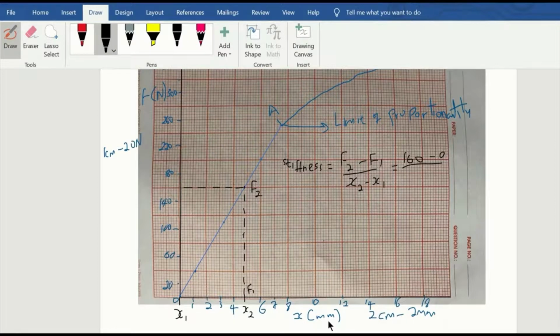So we convert to meters, it gives us 0.0048, minus X1, which is 0. So we have 160 minus 0 is 160, divided by 0.0048 minus 0 is 0.0048.